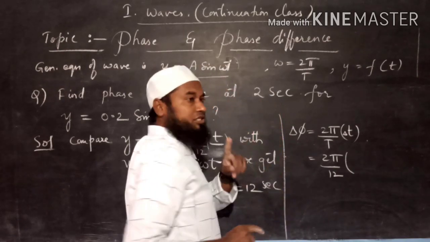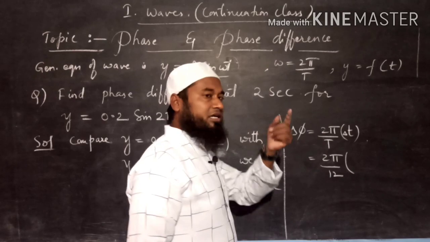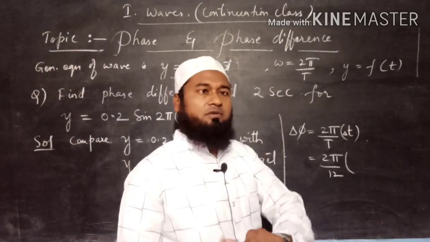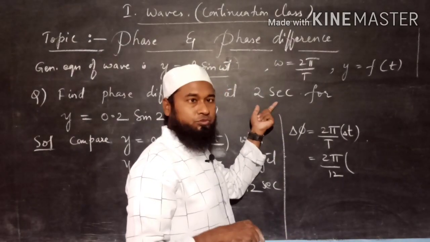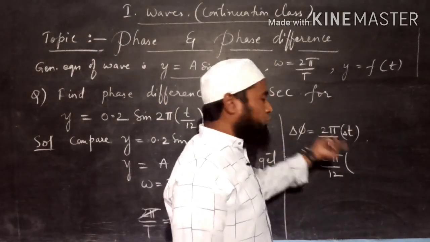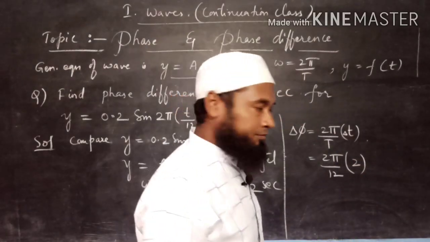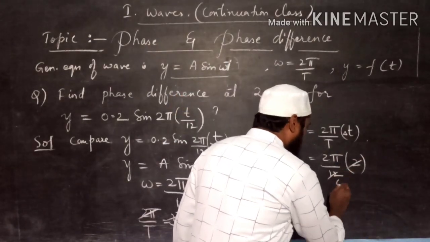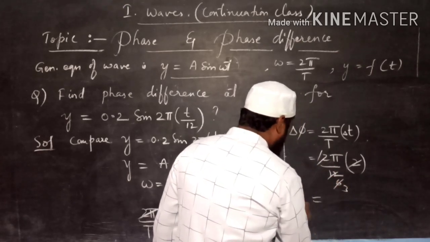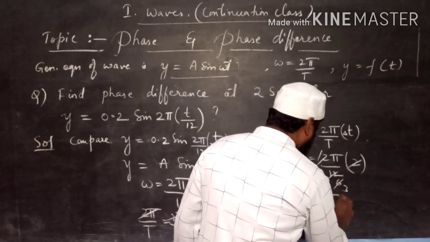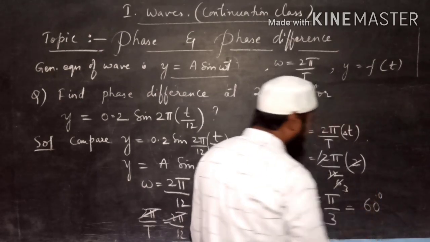Sir, only a single time is given, not T1 and T2. Whatever single time he gives, T1 you should always take as 0, and assume this as T2, so this number minus 0 will be again 2. That is why here in place of delta t I will substitute 2 only. Now 2 ones are 2, 6 twos are 12, so the answer delta phi is equal to pi by 3, that is nothing but 60 degree.